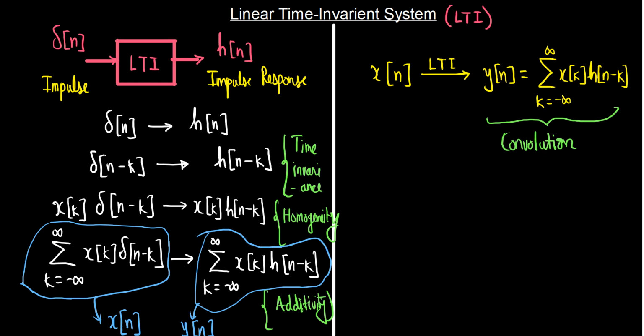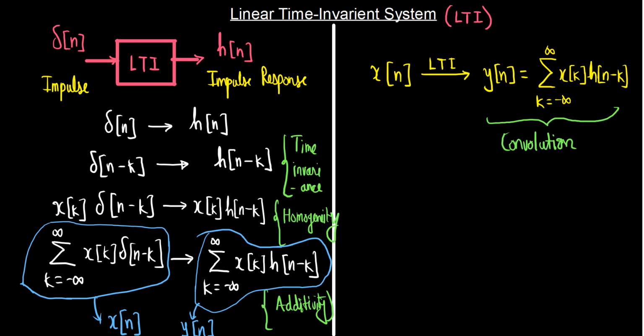Strange. So if you have an LTI system, and if we know h of n, that is the impulse response of the system, we can calculate the output for any input. So that's a very strong claim that we are making here.